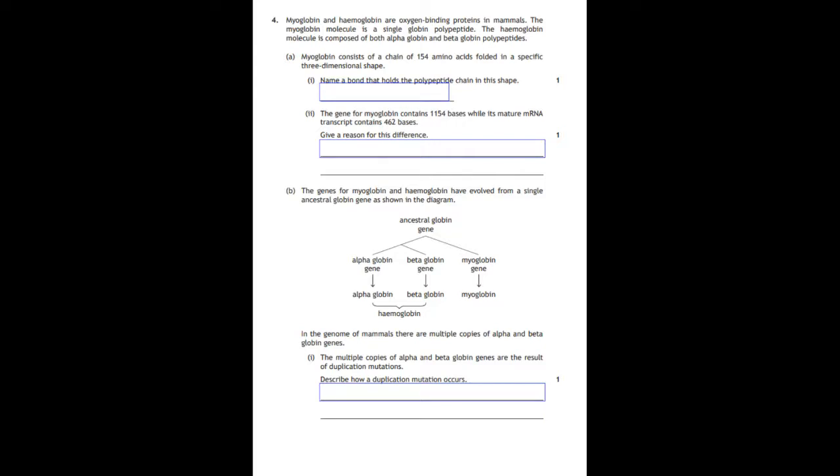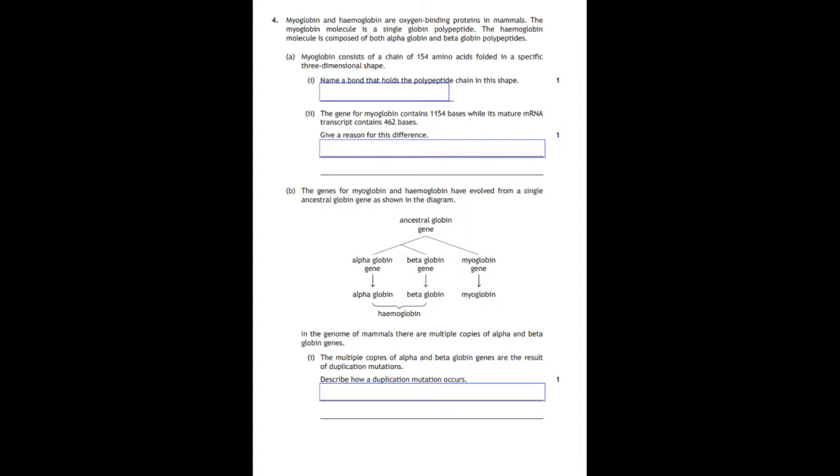The answer is that introns or non-coding sequences are removed from the primary transcript. Or you could say that the gene, primary transcript, has introns and exons. The mature transcript consists only of exons. Or you could just say RNA splicing. It's best to try and give a reasoned explanation, but if you've said RNA splicing, you have the mark.